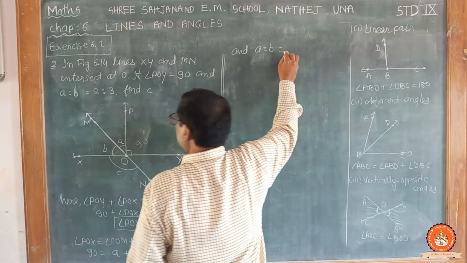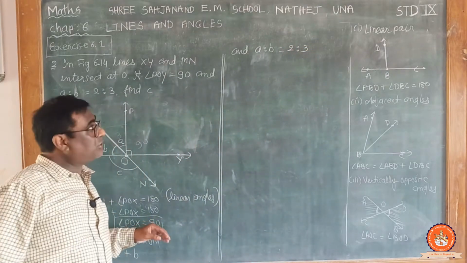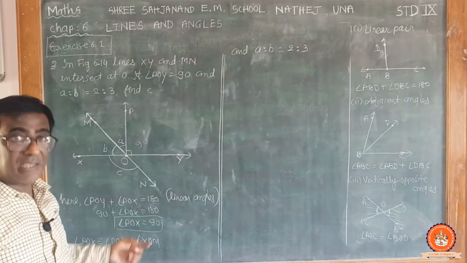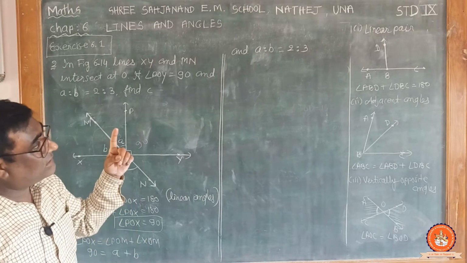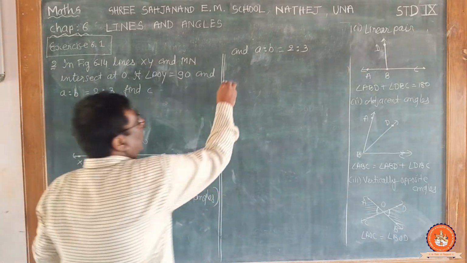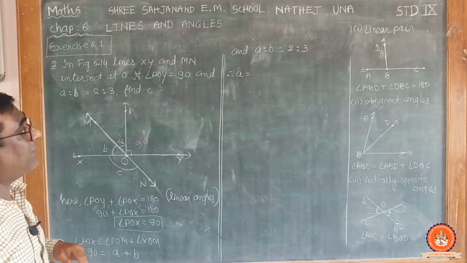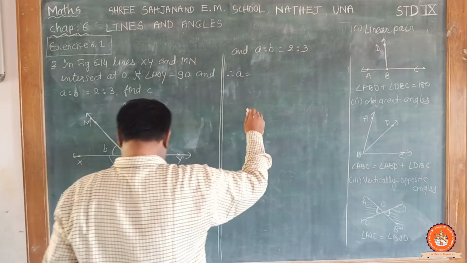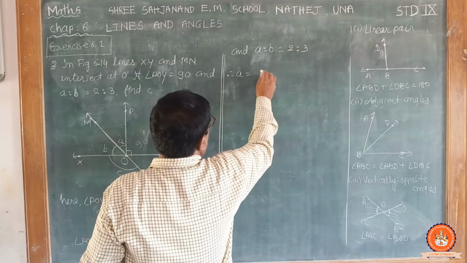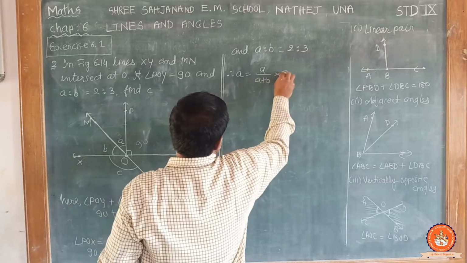It is given that A is to B is equal to 2:3. Now my friend, if the ratio of the two and the sum of the same two are given, let us distribute them and find the values of both. So A will be A upon A plus B into 90.